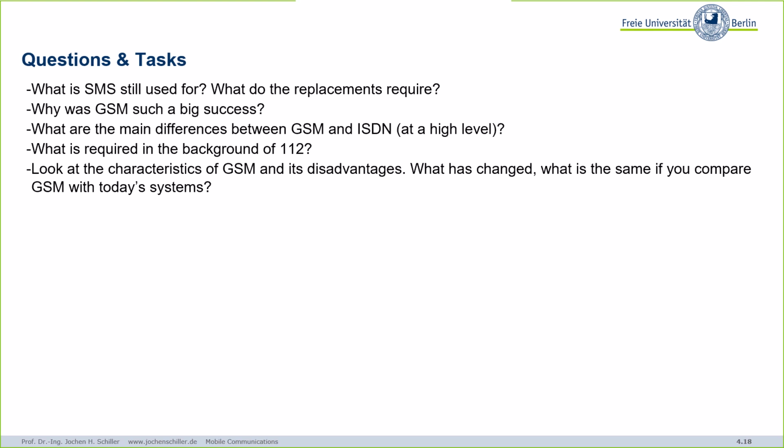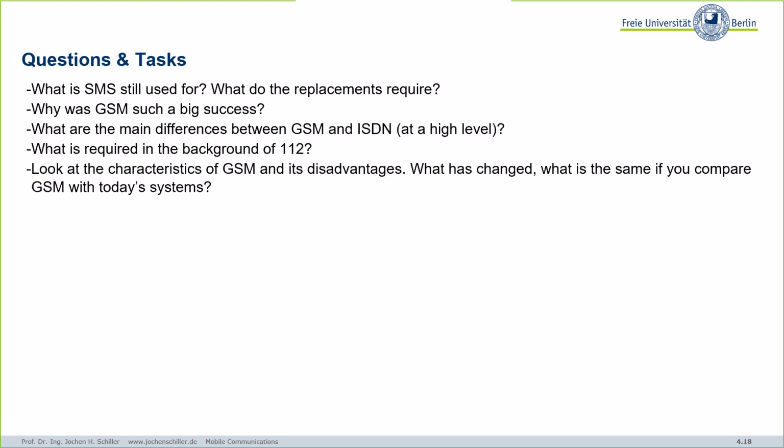What has changed tremendously? So, compared to the early days of GSM, your first mobile phone, what is way better today? Yeah, data rates, Wi-Fi calling, voice over LTE, all these nice high data rate things. So much, much better. Higher data rates.